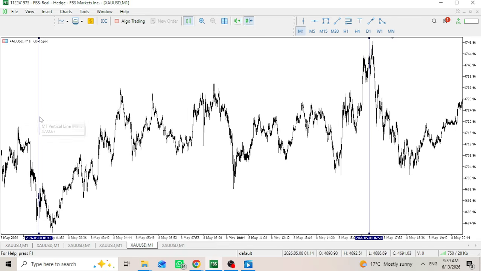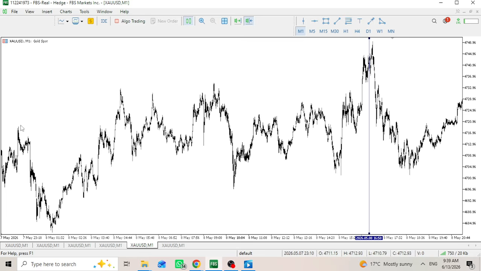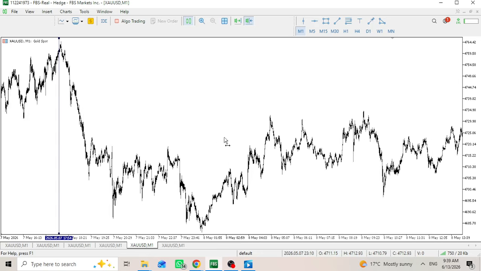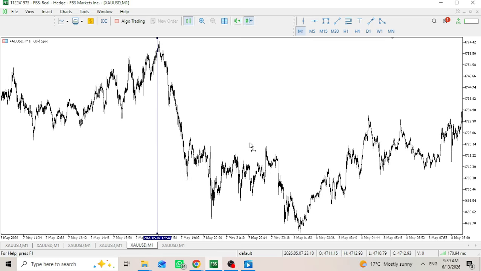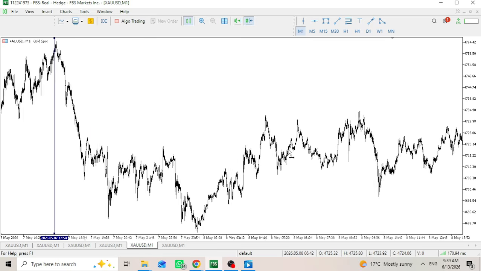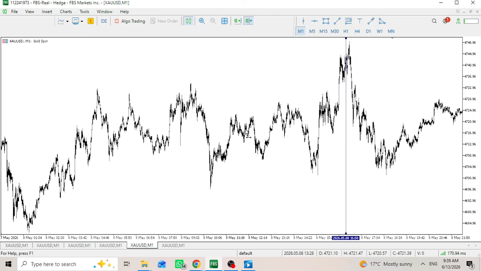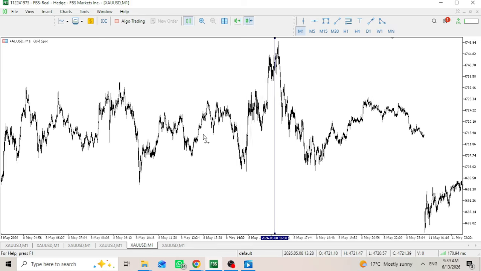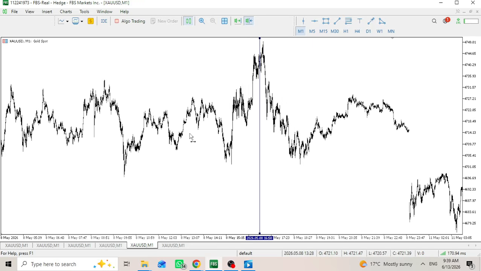Now, I have compressed my chart this way because I'm using the 1 minute time frame, and if you are using the 1 minute time frame, you need to compress your chart this way so that you can see how the market is moving.